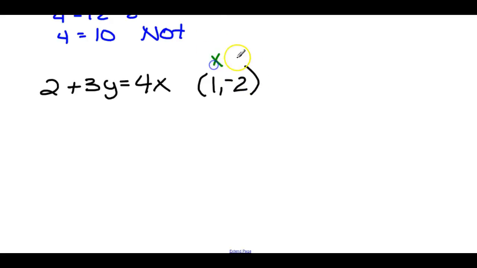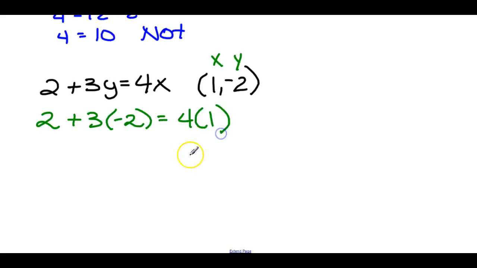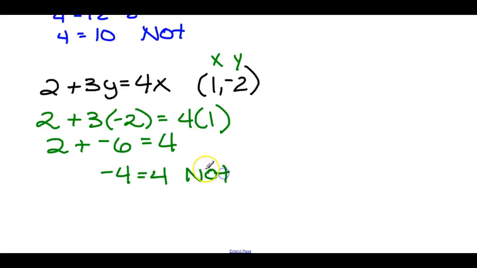So here we have our x and our y again, and I'm just going to substitute those in. So we still have our 2, and then it's going to be 3 times negative 2 equals 4 times 1. So 2 plus 3 times negative 2 is negative 6. 4 times 1 is 4. So 2 plus negative 6 is negative 4 equals 4. This is also not a solution. We came really close, but because it's a negative, even if they are the same number, they still aren't the same.